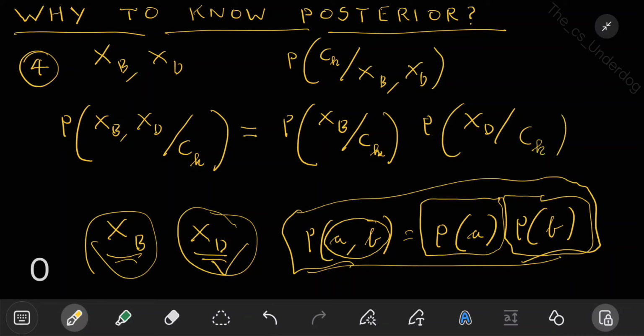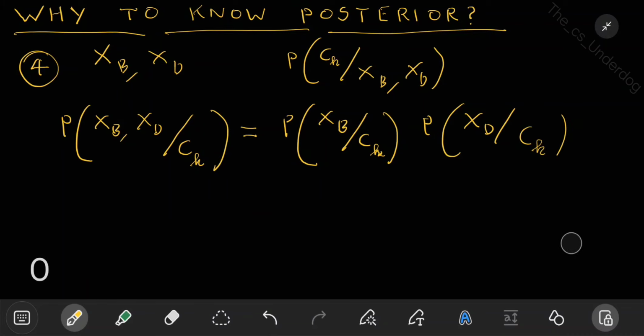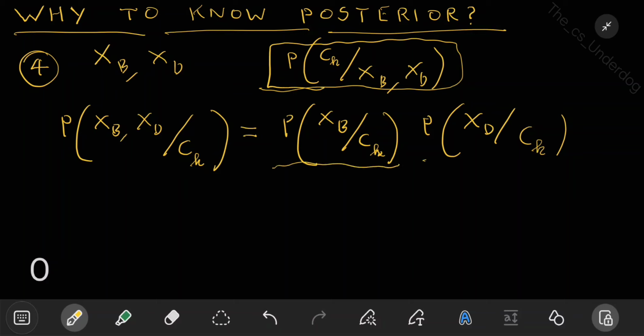This is fine. So with class conditional densities XB, XD given CK, because XB and XD are independent, we can write it as P of XB given CK into P of XD given CK.